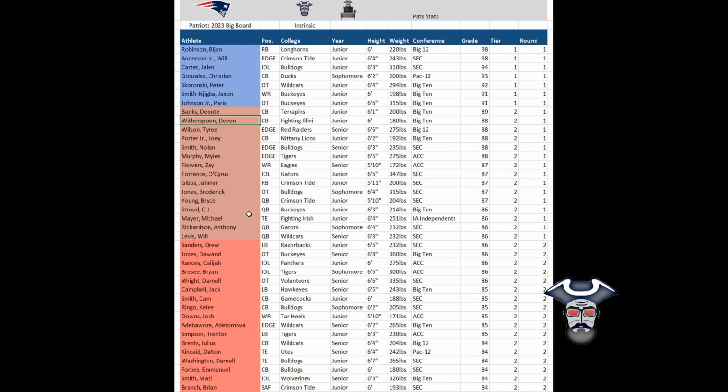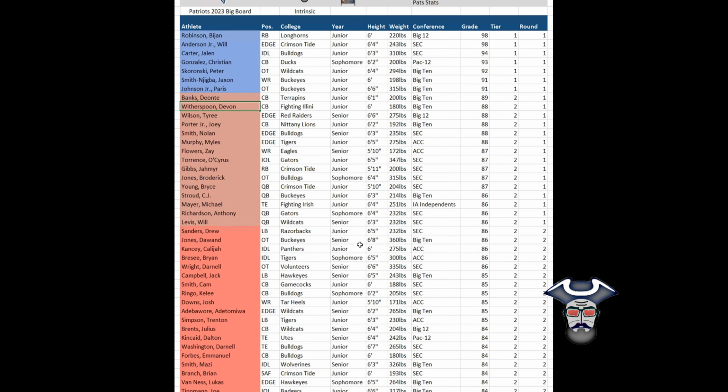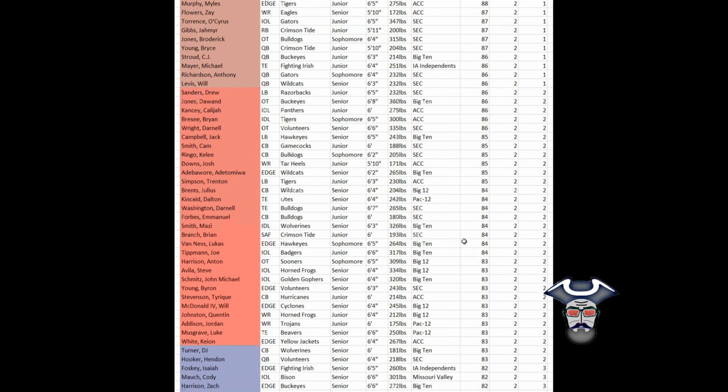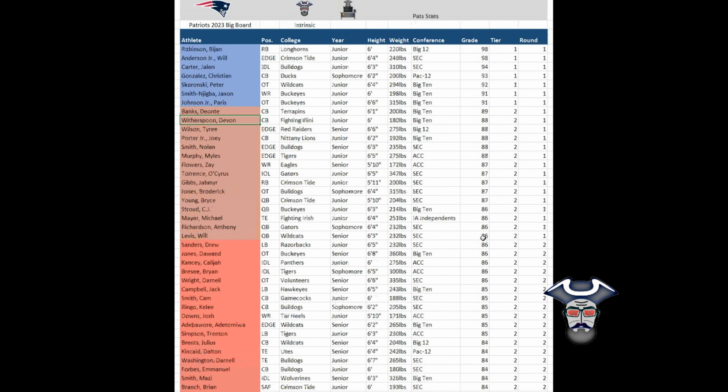I got this from how I evaluated athletes, and it's not that far off. Even the tier system is slightly off. The tiers and the rounds are not that far off. So I'm not the only one.